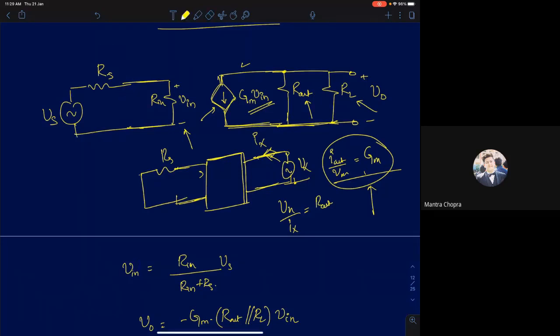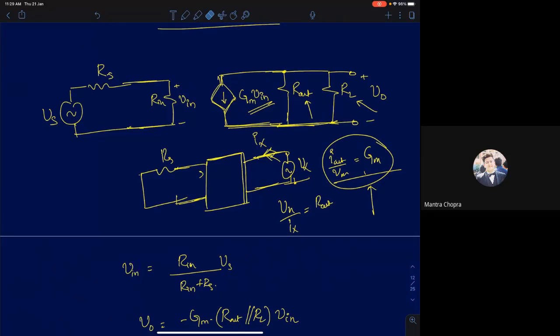So now can we quickly derive what will be the overall gain? What is the quantity of interest? Previously it was current. Generally, what we get from the MOS amplifier or BJT amplifier is a transconductance amplifier, and we use this transconductance amplifier as a voltage amplifier. That's what we will be doing.